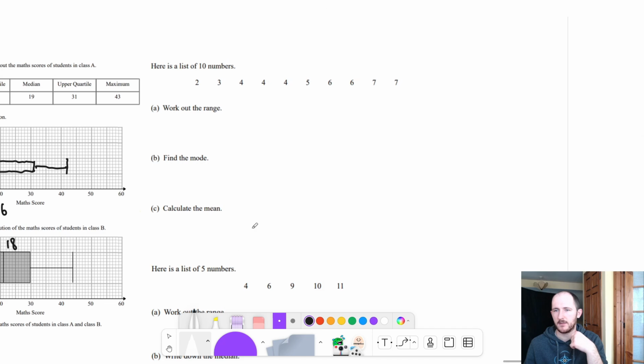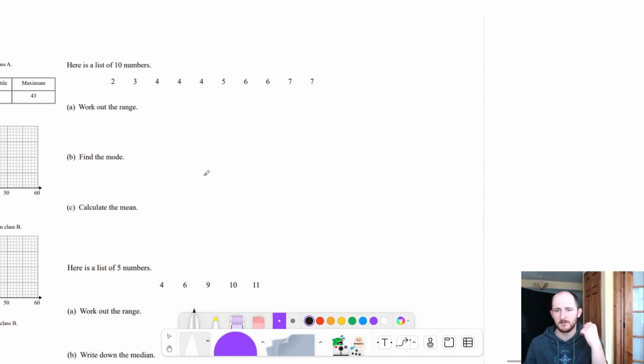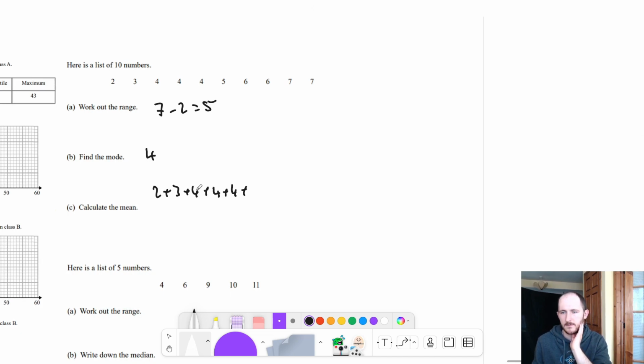And then working out from just a normal list of numbers, the range, mode, and etc. Range is just the biggest minus the smallest number, so 7 minus 2, which is 5. The mode is the number that appears the most, which is 4 in this case. There's 3 4s. The mean, you add them all up, and you divide by the number of numbers you have, which is divide by 10.